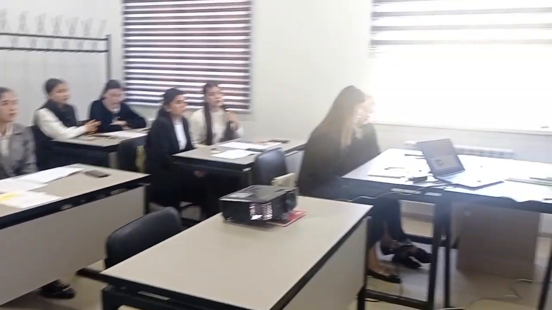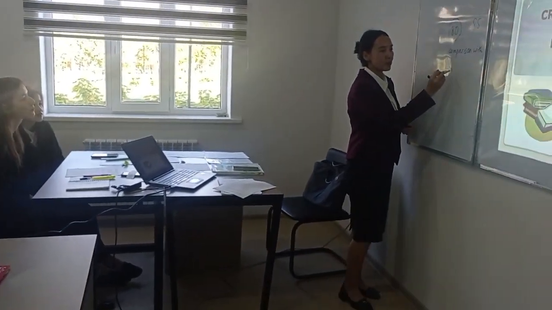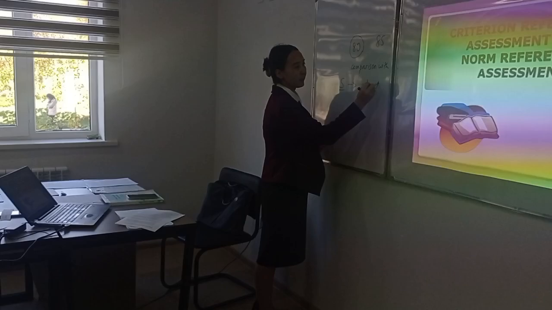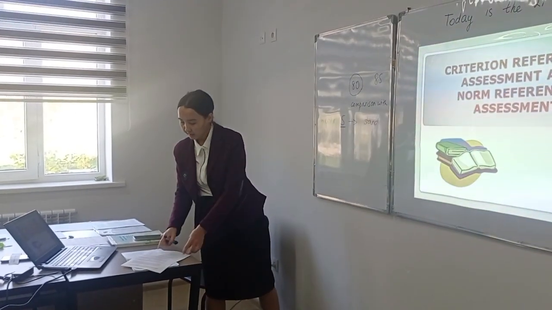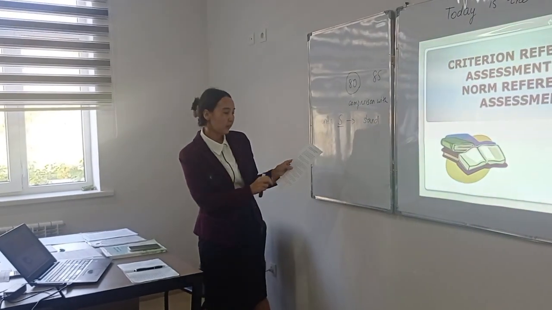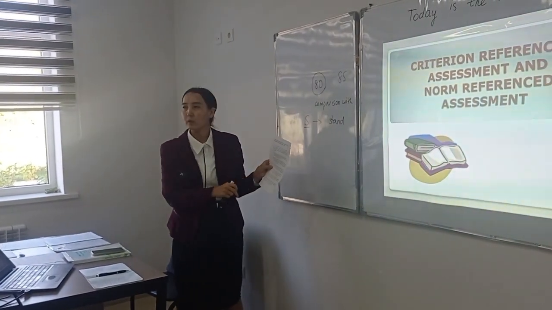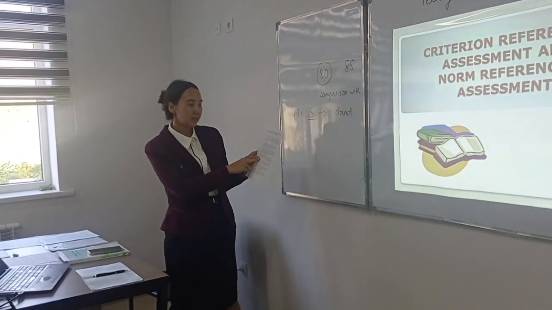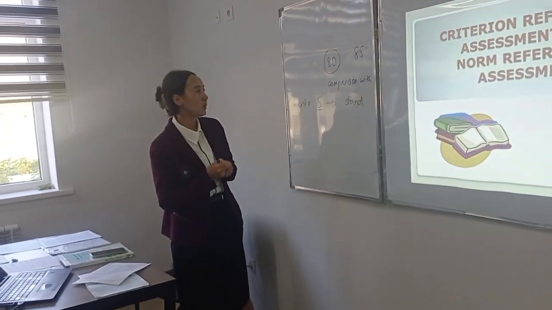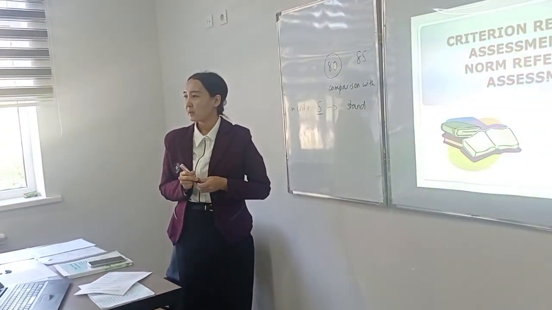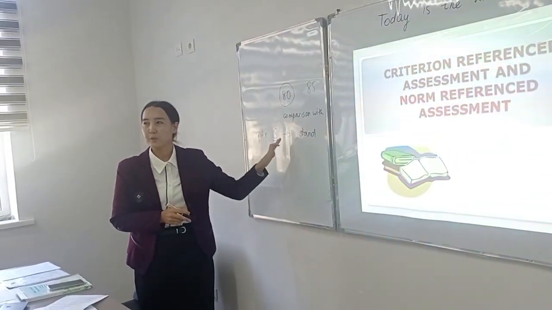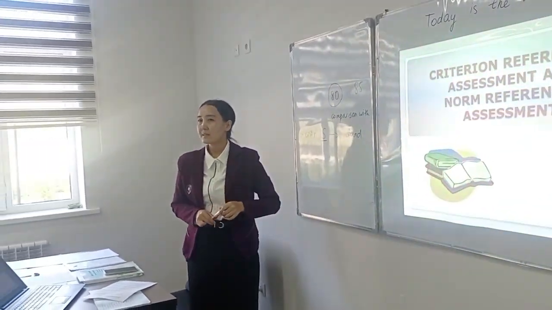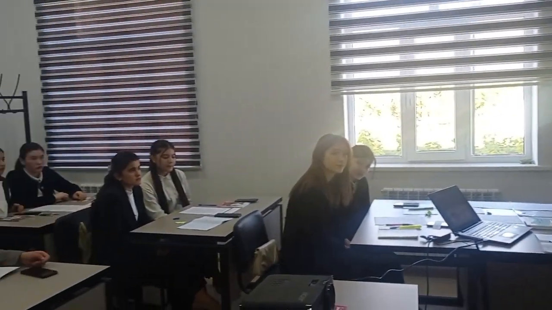The individual will be compared with others. Actually, we compare students' performance against the standard in criterion reference assessment. But here, even if they only successfully complete half of their learning objectives, they are relatively ace answers. That's why it will be norm reference assessment. Here there is comparison, not identifying students' performance against the learning standards or criteria. Is it clear? Next, please, girls.